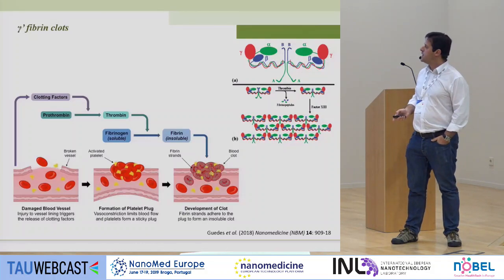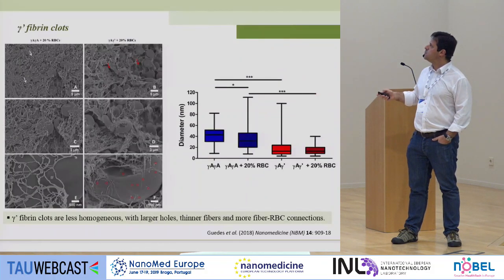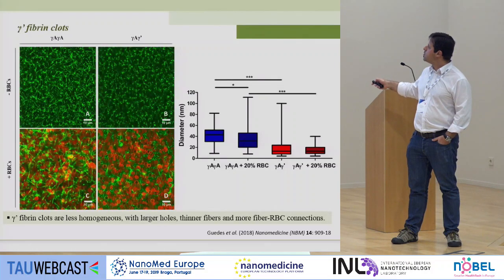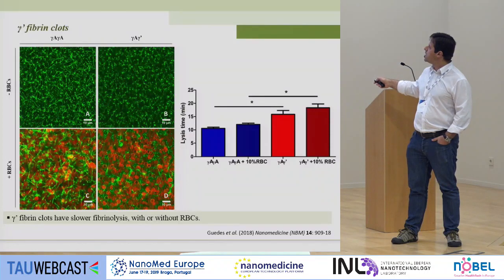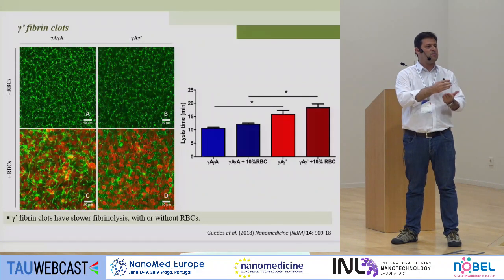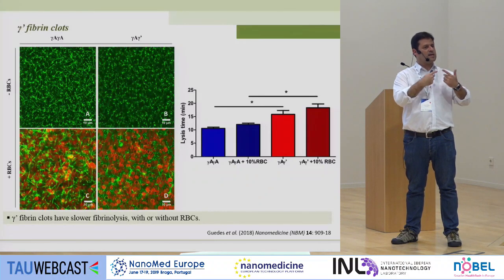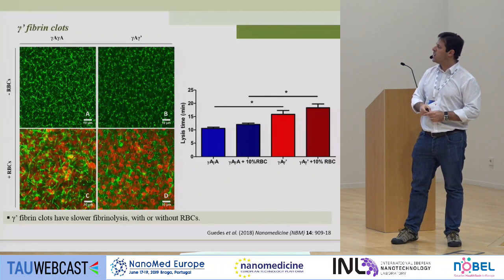And these clots made with gamma prime fibrinogen have lower diameter, but also they need more time to be lysed. So the fibrinolysis process is longer in time, and this can also contribute to the higher risk.